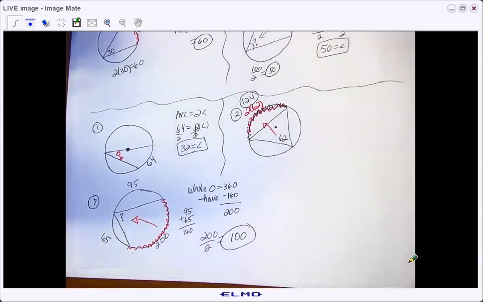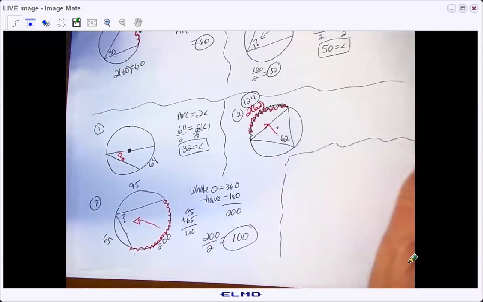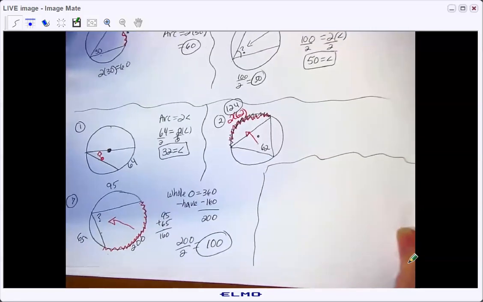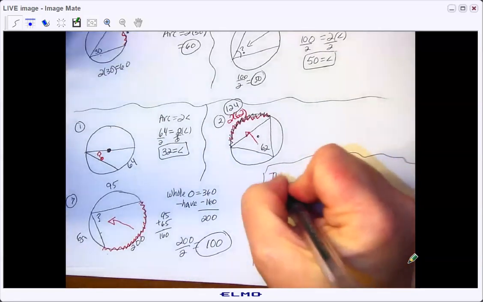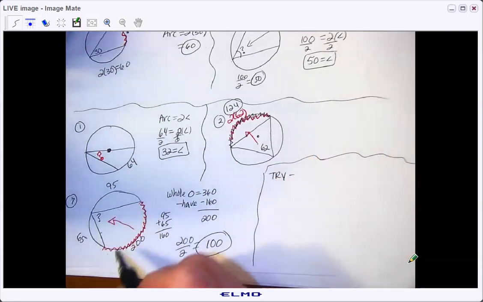So what might be challenging for some of my students here, and I get it, because when we start throwing in a lot of options, it's kind of like a restaurant that has too many choices. It's like you don't know where to start, you don't know what you want to eat. Here's some things to try. Okay, find all the arcs.